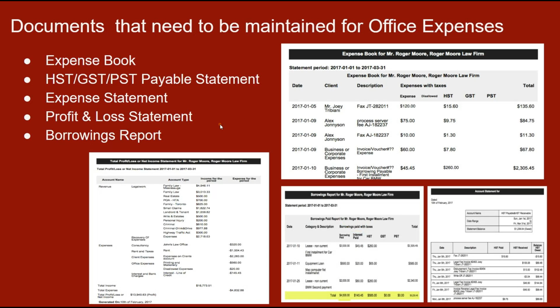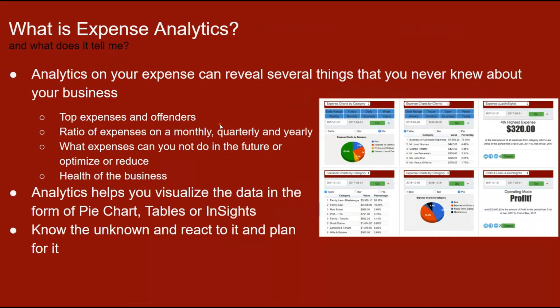Okay, but typically we've seen expense book, any jurisdictional tax payable, P&L, and of course the expense statement. Not so much for your disbursement, but most certainly for managing your office expenses.